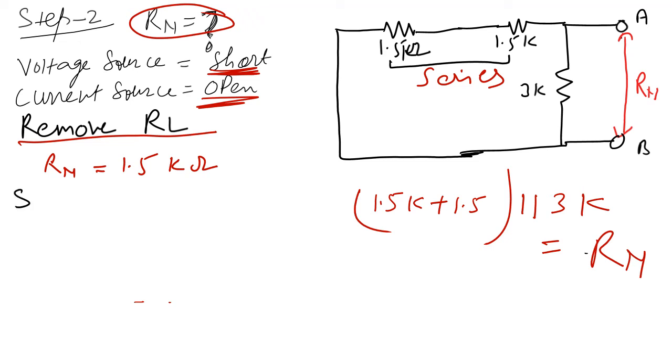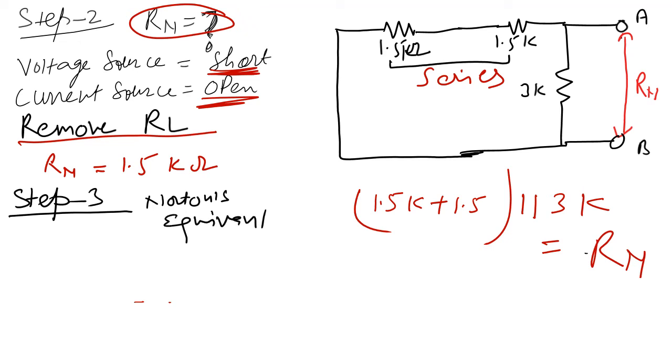In step number 3, you have to draw the Norton's equivalent circuit. Norton says, whatever current you got, you draw the current source like this.